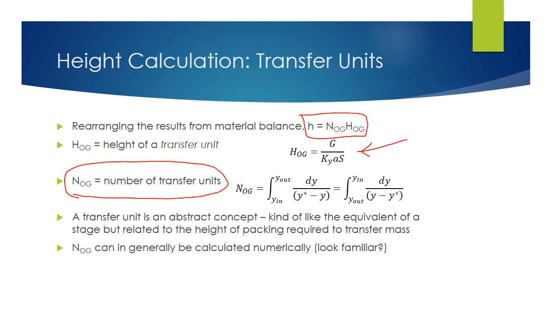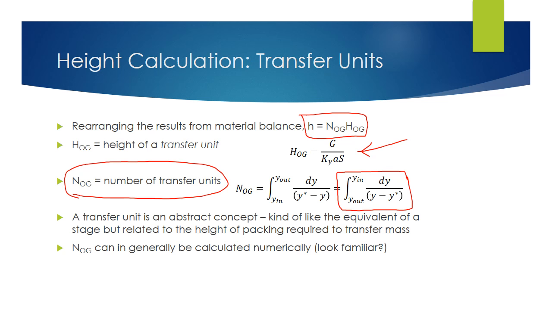But because y in is greater than y out, I can rearrange this equation, just change the limits and multiply by -1 in order to get something that I can numerically integrate and it'll make sense. So it makes the most sense to define the number of transfer units as the integral from y out to y in of dy over y minus y star.